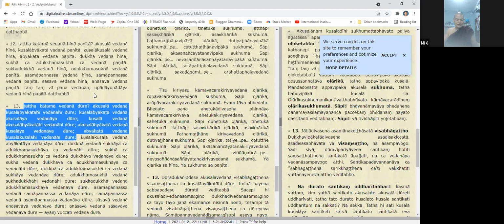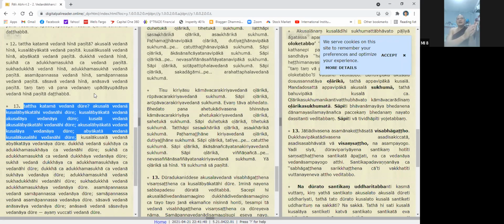Not like hina panita, olarika sukhuma, not the same like that. Abyakata is far from kusala and akusala. Kusala and akusala are far from abyakata. So they are far from each other.